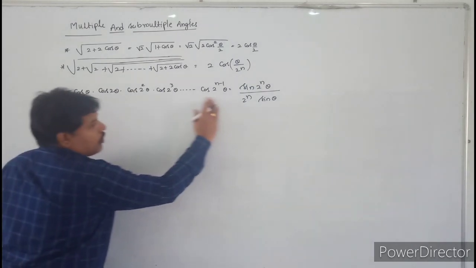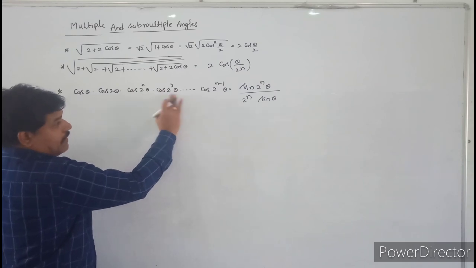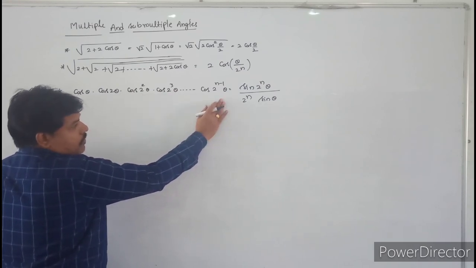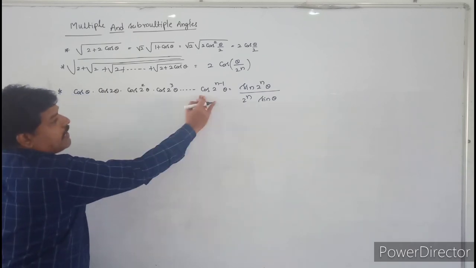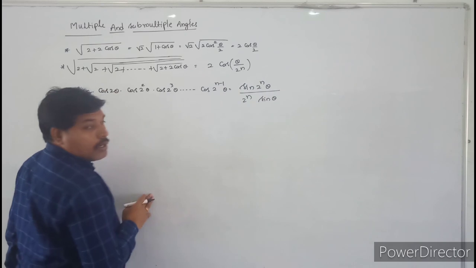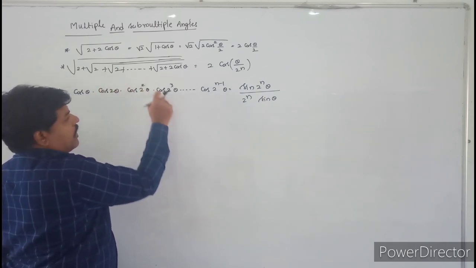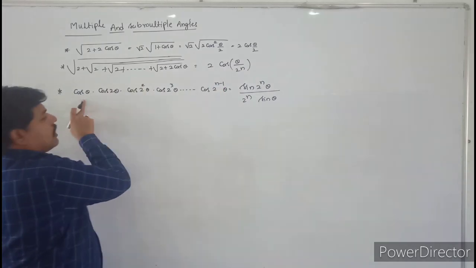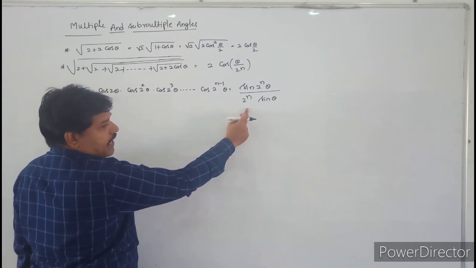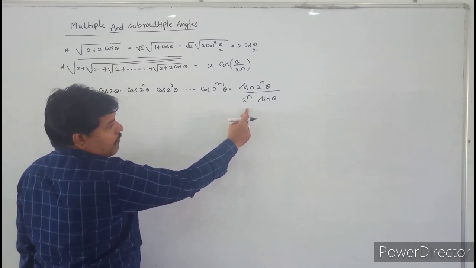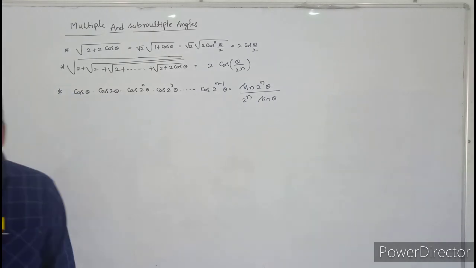The product is of the order cos theta, cos 2 theta, cos 4 theta, cos 8 theta and so on; for these types of questions you get the direct formula. How many terms are there? n terms, that is the n value here. The powers are 2 power 1, 2 square, 2 cube and so on, up to 2 power n minus 1, so in total n terms are multiplied. So you get sin 2 power n theta by 2 power n into sin theta. See that formula, students.